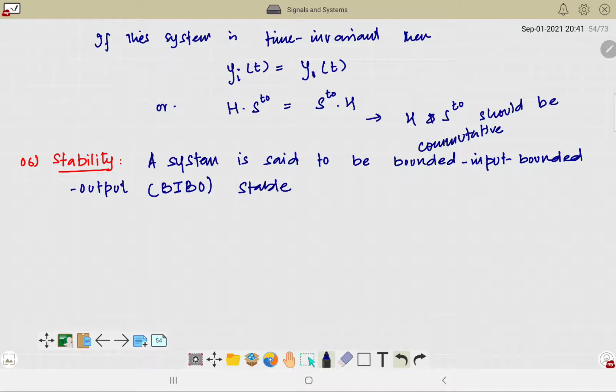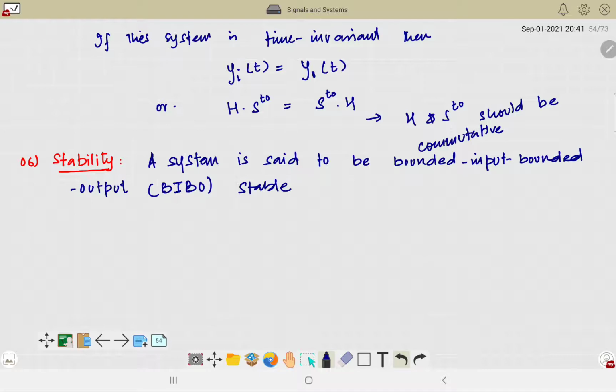Now, the concept is simple. You have a system and you are giving a bounded input to your system. And if the output is also bounded, meaning it converges, it has a finite value, it does not diverge, then we say the system is stable. Right? So let me complete it.